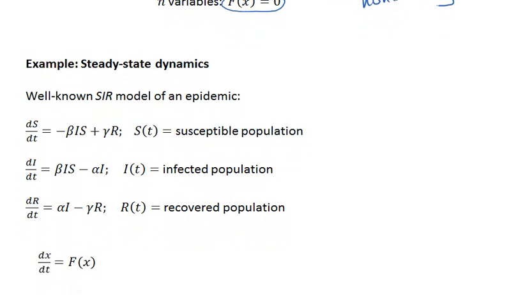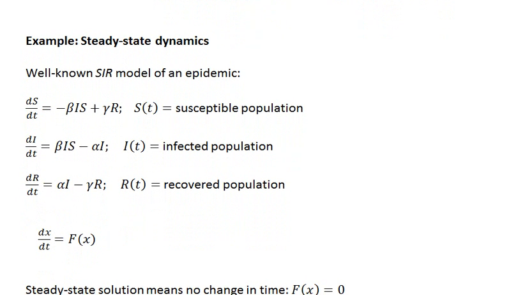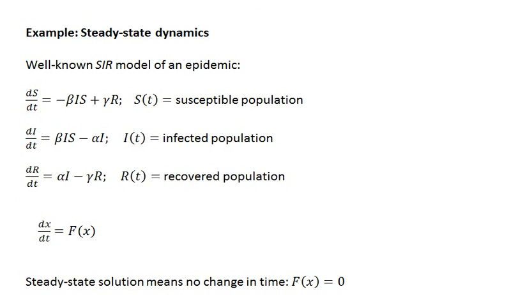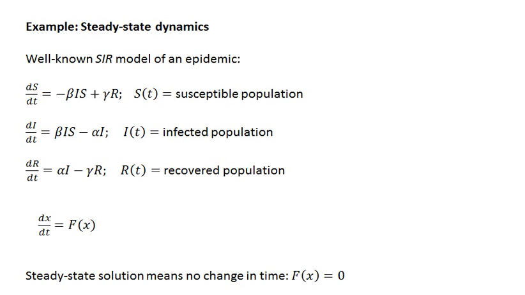Okay, so as an example of this kind of problem, this comes up in steady-state dynamics of dynamical systems. So here's an example that comes from biology. There's a very famous type of model known as SIR. S stands for susceptible individuals, I stands for infected individuals, and R stands for recovered individuals. And so here are some simple ordinary differential equations.